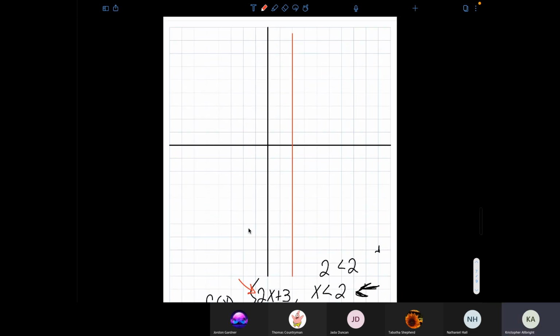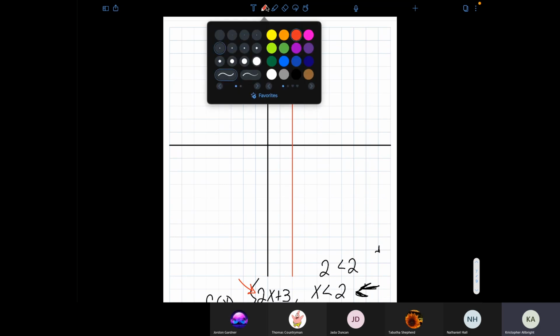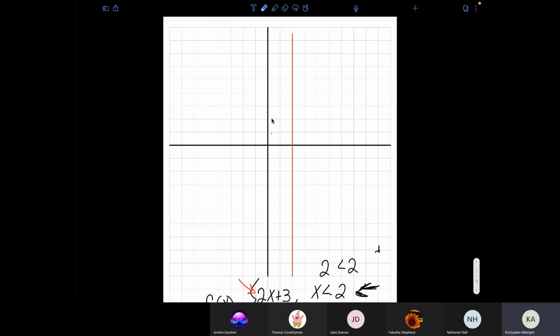2x plus 3. So we need a plus 3. I'm going to put a blue line. 1, 2, 3. Dot. And then we need 2, so rise 2, run 1. So now we have a line. It's going to look something like that.